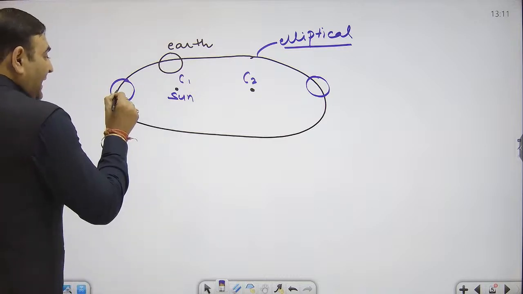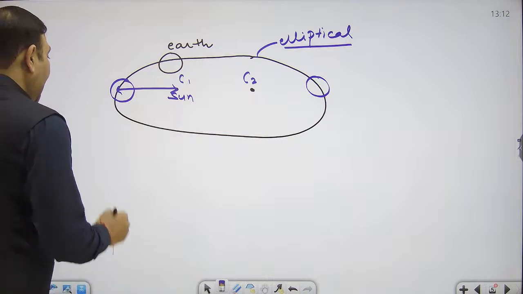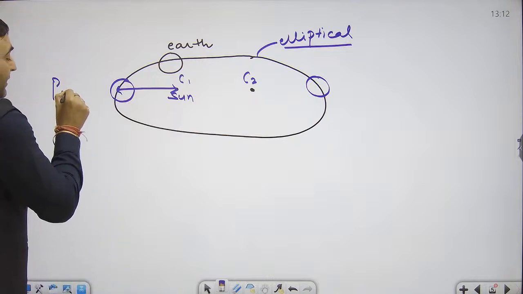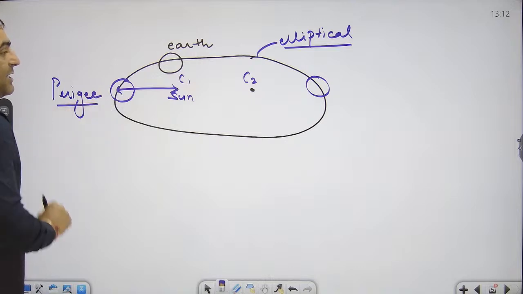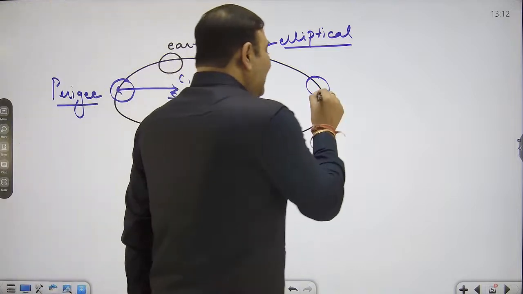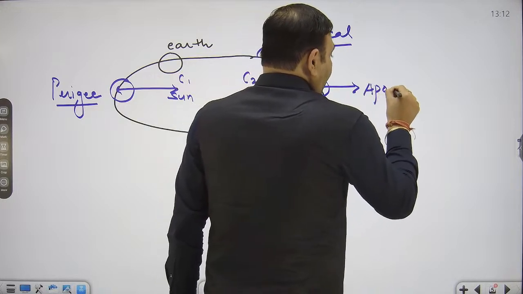When it is nearest to a centralized object, it is known as perigee point. And when it is at the farthest point, it is known as apogee point.